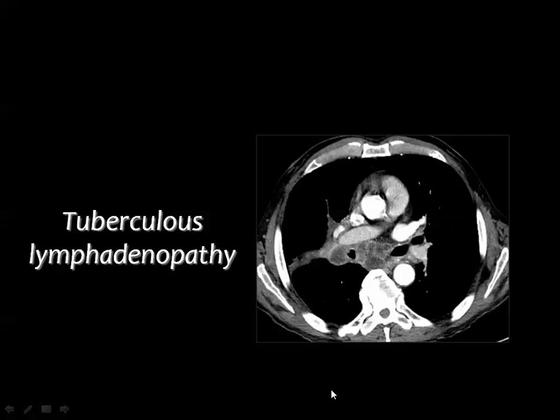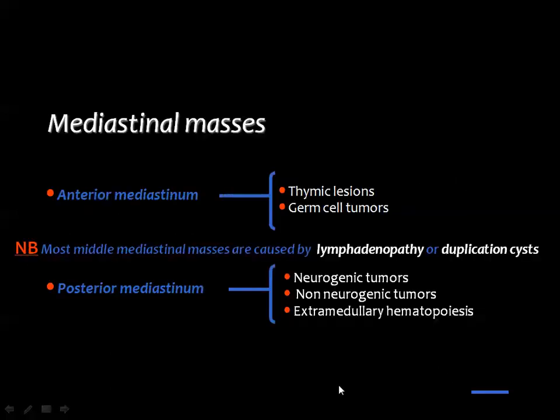And we came to the mediastinal masses when we have the anterior mediastinum, where you can see thymic lesions and germ cell tumors. The middle mediastinum is usually presented here by the presence of lymph nodes and the cysts we have discussed before.